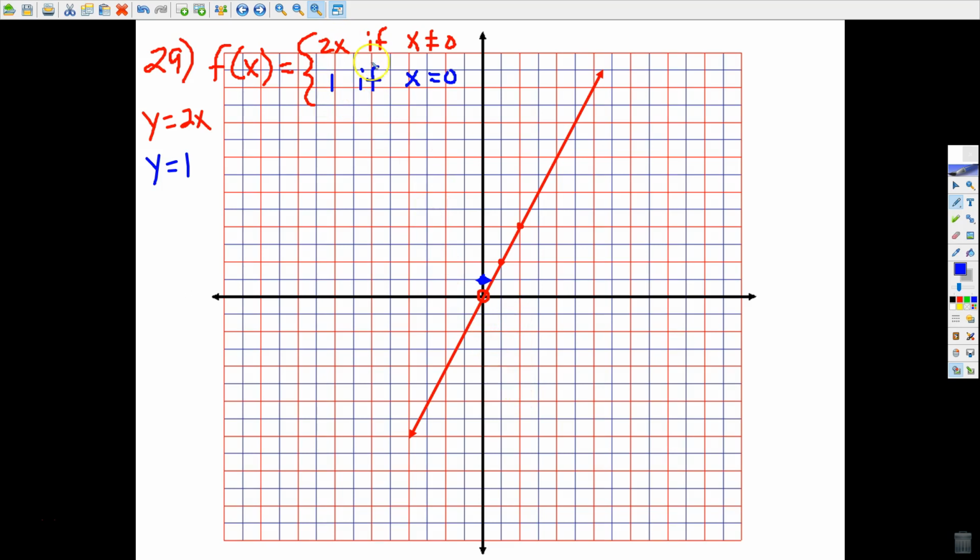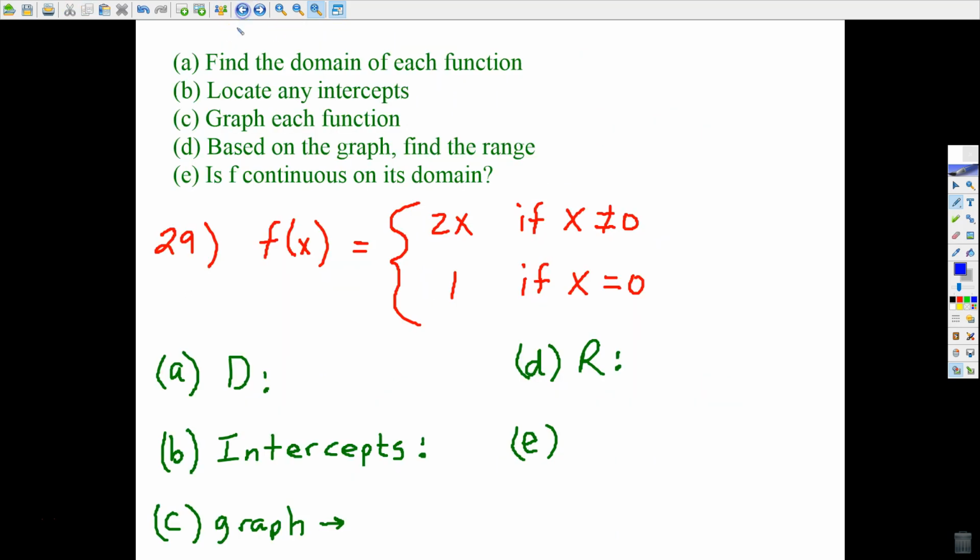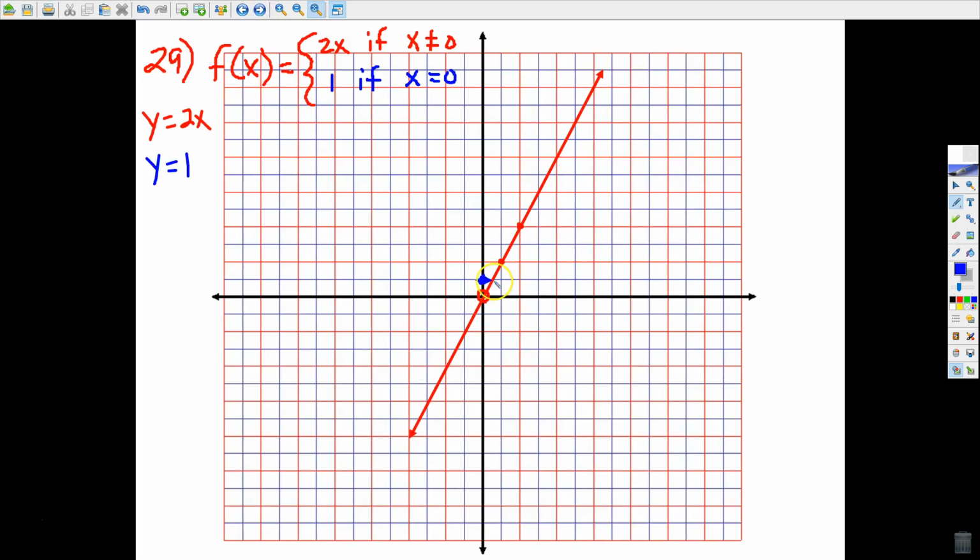Okay, so we've taken care of graphing the two pieces. Now let's see if we can answer some questions. Well, what is the domain of this function? Well, domain, again, remember, it's looking at the x-axis, and we're trying to put together these two pieces. The red goes forever and ever along the x-axis, both in a negative way because it's going to continue to go left and down, and it's going to continue to go right and up.